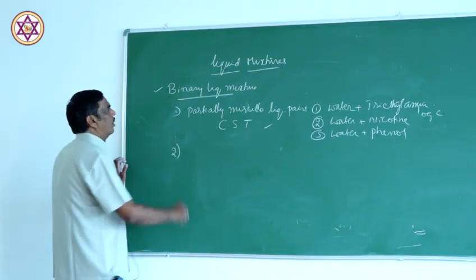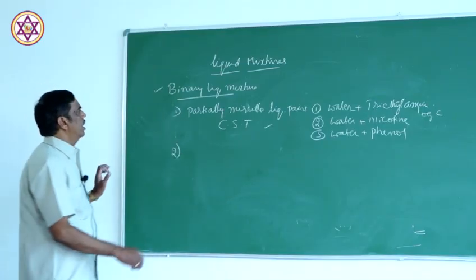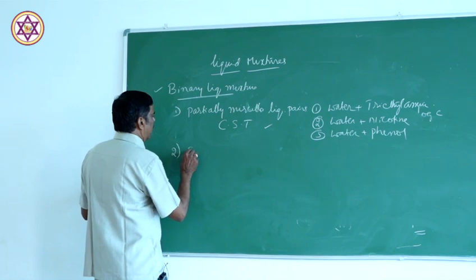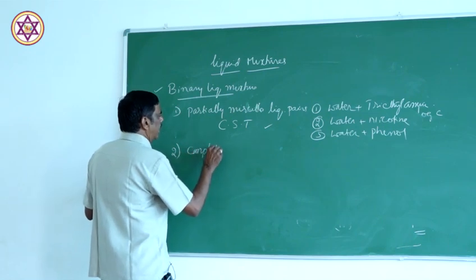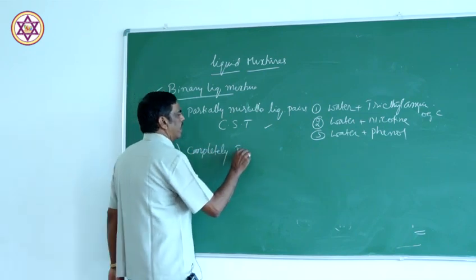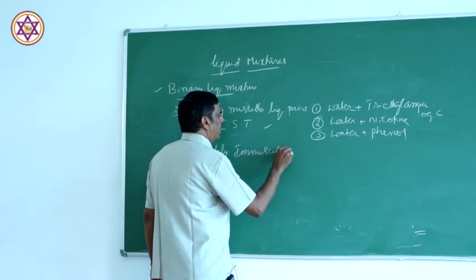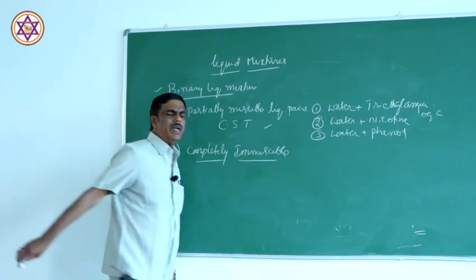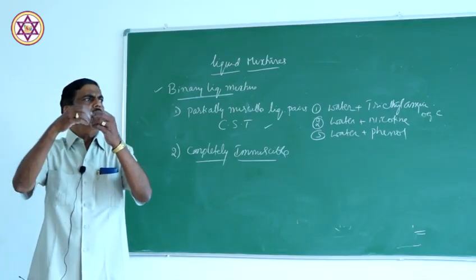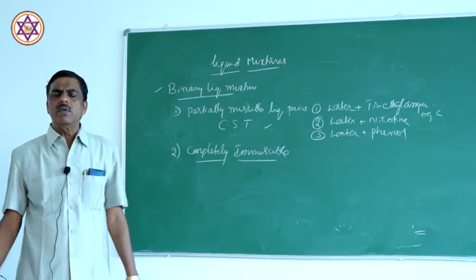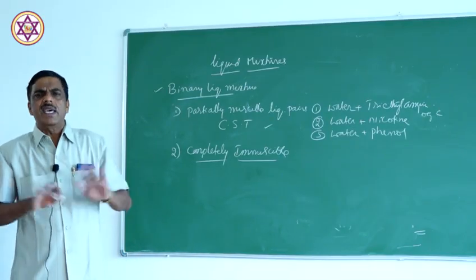Another type of binary liquid mixture is completely immiscible liquid pairs. In these completely immiscible pairs, there is no solubility at all, not even 1%. Completely they are insoluble.